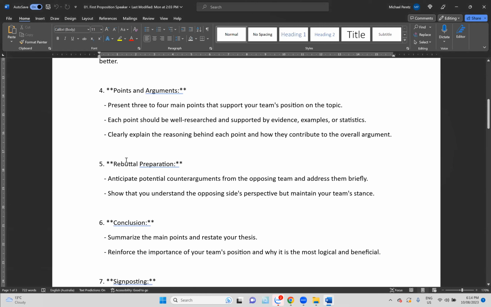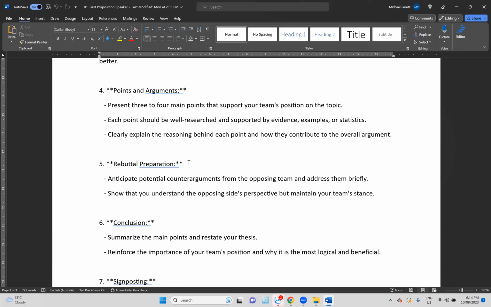Next, we have the rebuttal preparation. So this is not actually the rebuttal itself, because no one from the other team has spoken yet. But we still need to make sure that we're ahead of them.